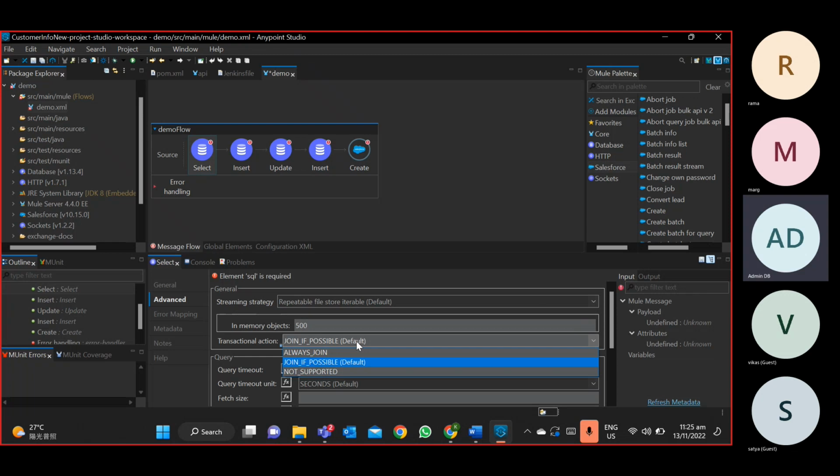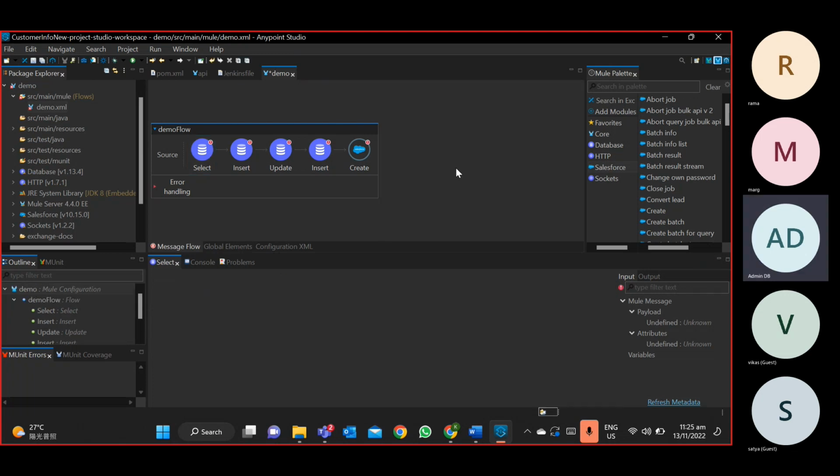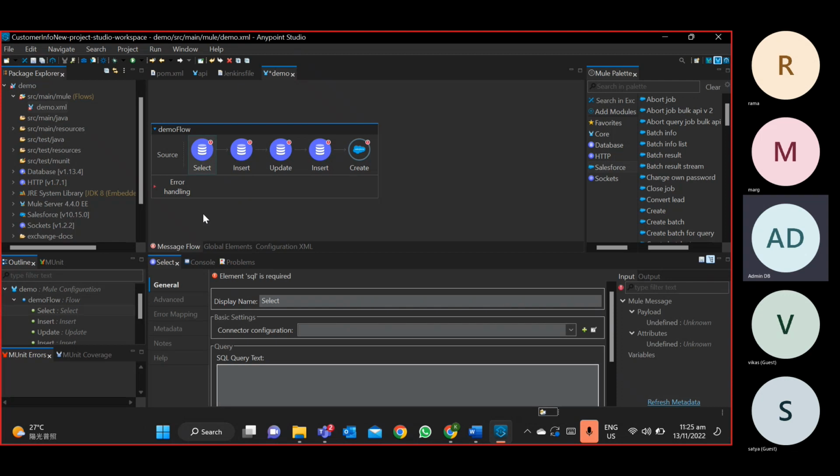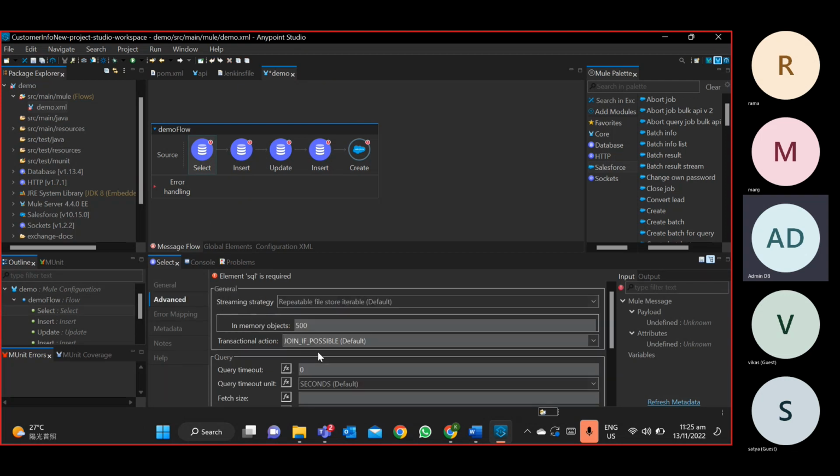I will check, but as per my understanding this is not required. Even if you exclude the select operation from the transaction, it will not create any impact. Hope everyone can correlate why we don't need a transaction in a select operation.